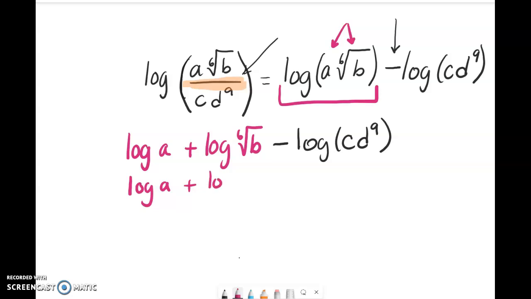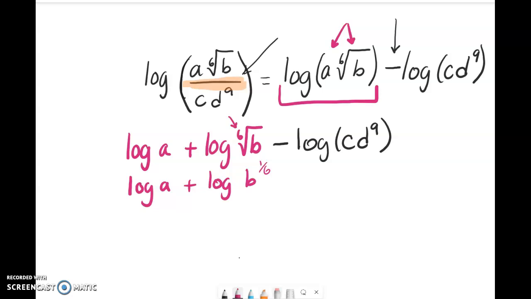But this one I can rewrite as the log of b to the 1/6, because this is a radical, the sixth root of b. Radicals can be written as a fractional exponent. Whatever the root or index is, you can say it's 1 over the index number. So this means the same as that.